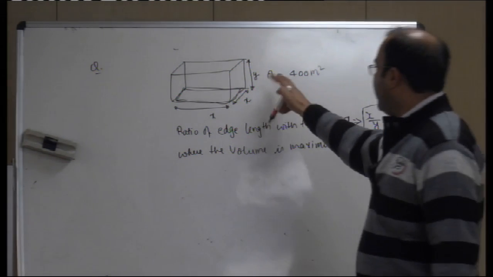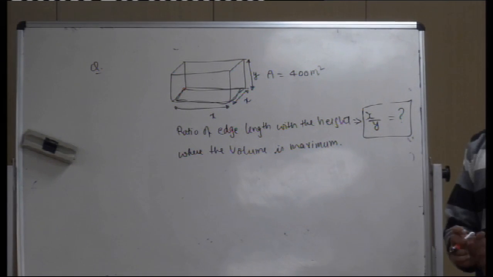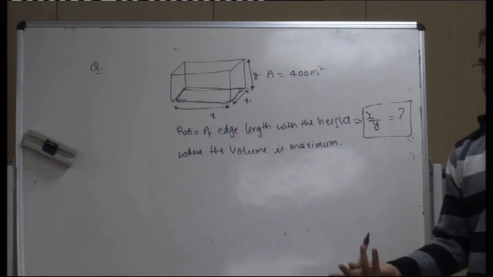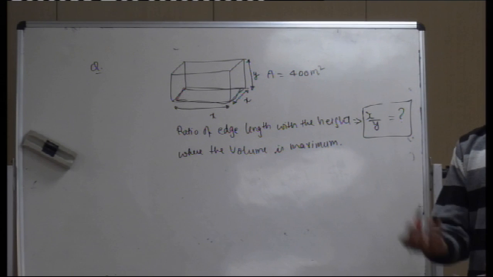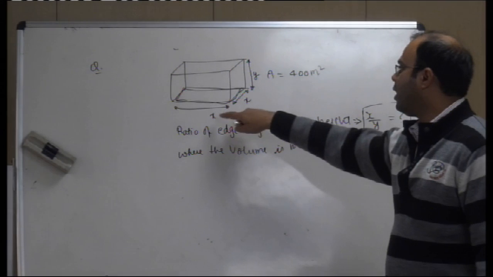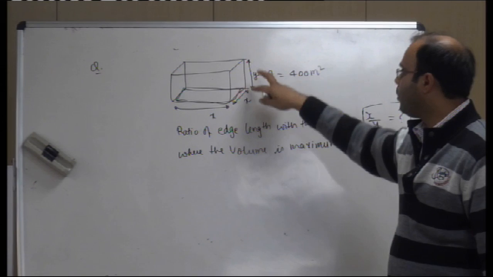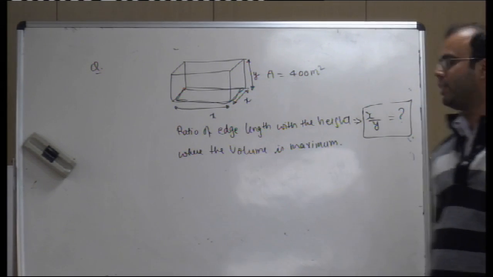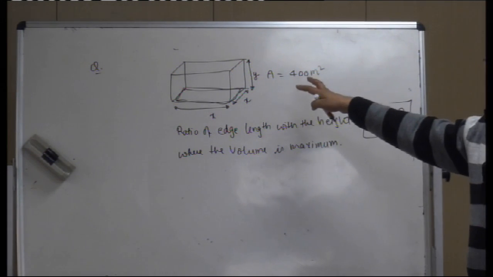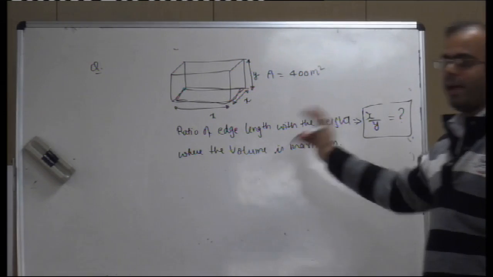In such questions we have some fixed steps. First, write what is given in the question mathematically by taking as few variables as possible. We have already taken x for the 2 same sides and y for the height. Next, find out what you have to maximize or minimize.